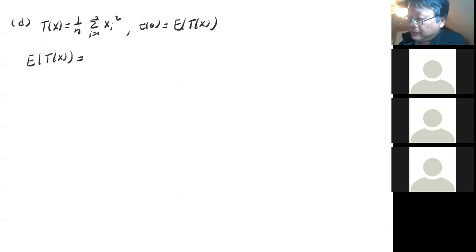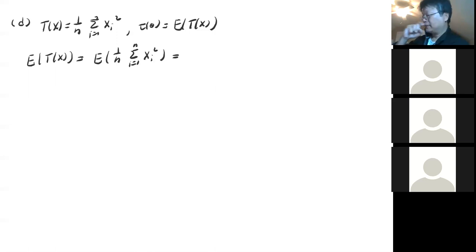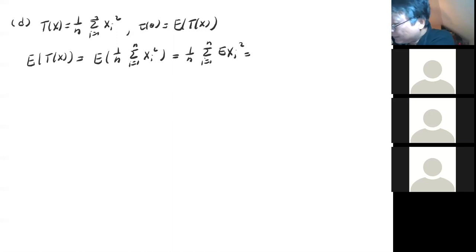Write that directly: 1/n times the sum of xi squared, which is 1/n times the expectation of xi squared. In the previous question, this would be theta plus theta squared.